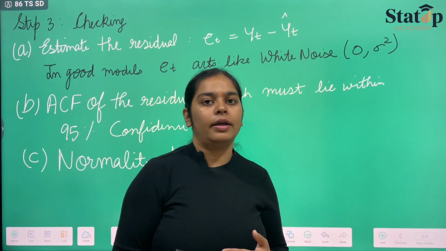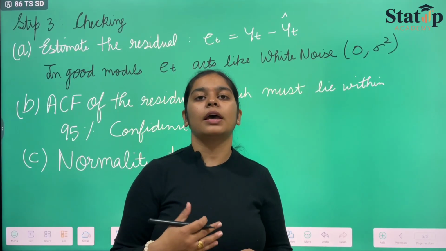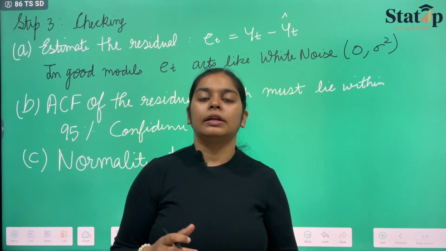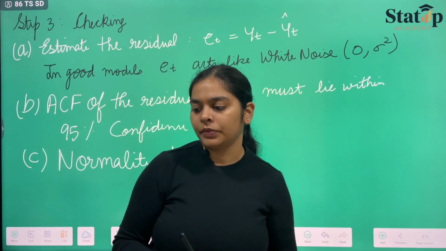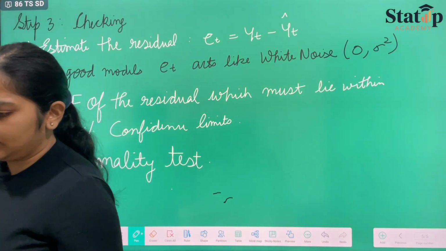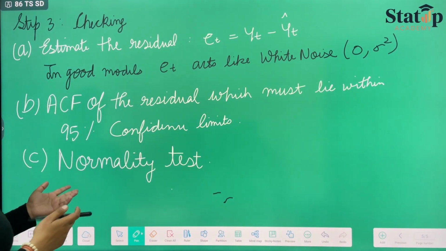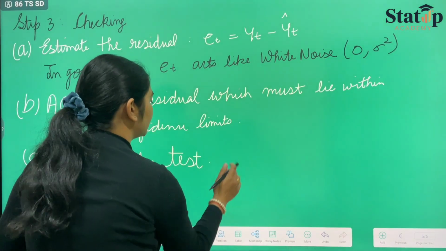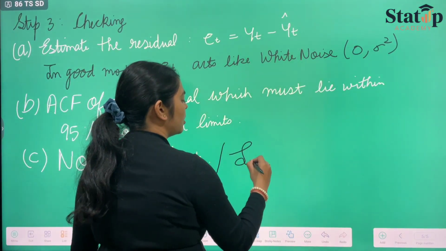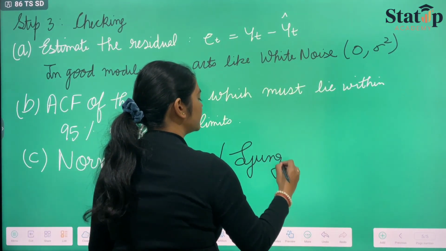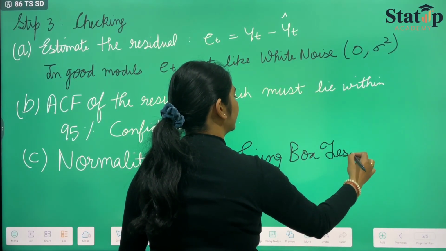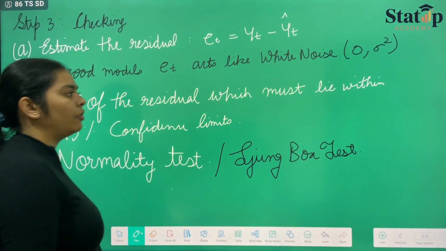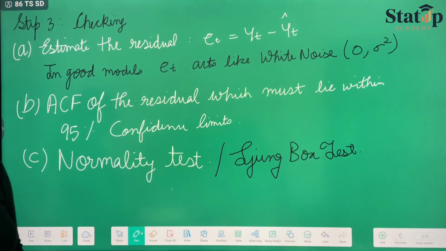This is how the Box Jenkins method is an iterative method. Iterative means it keeps on repeating until our answer is found. There is the normality test, or we can use the Ljung-Box test. Any of the tests can be used for verification or checking.